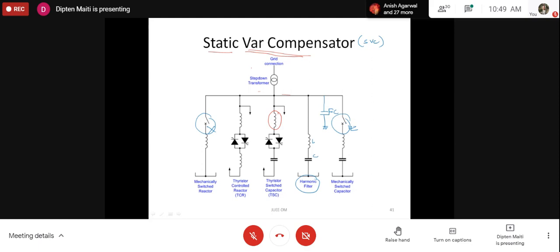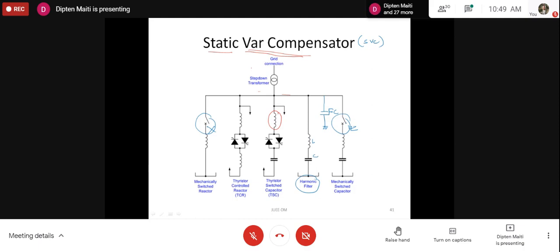By doing that, we can change the value of the capacitor and the value of the reactive power that is supplied to the system.